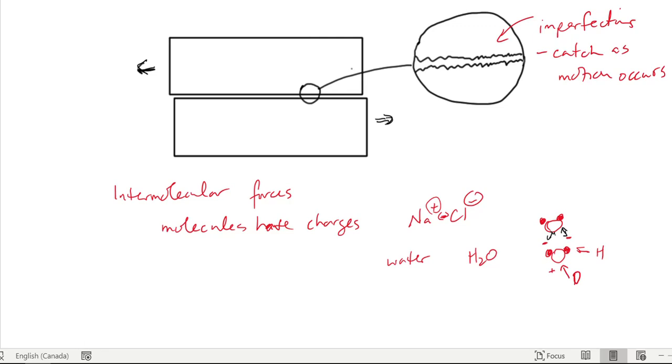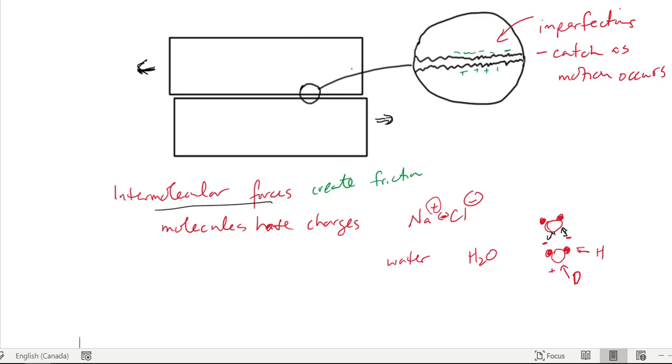All right? So these forces are always present. If you imagine there are some charges in the wood here and some charges in the metal ions here, they tend to stick together a little bit. And these intermolecular forces create friction as well.